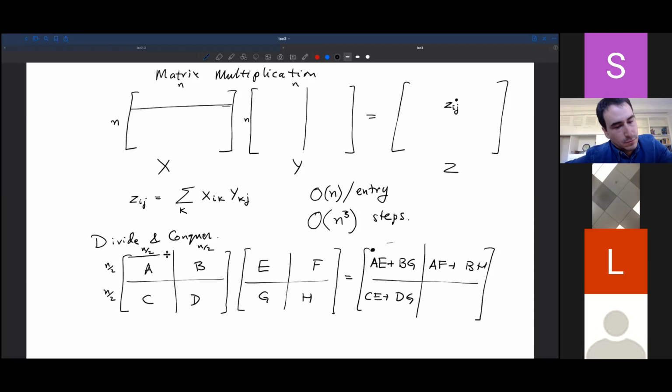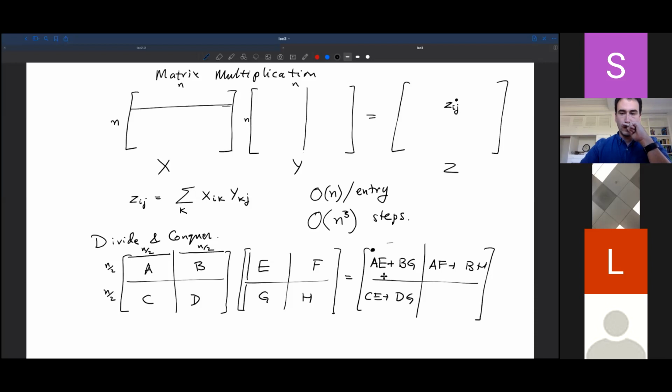You take this row times this column, right? And what's the top left entry of B times G? You take this row and this column, right? And so when we add them together, it's as though we took this entire row times this entire column. So we are doing exactly the right thing here, right? Is this clear? Okay.